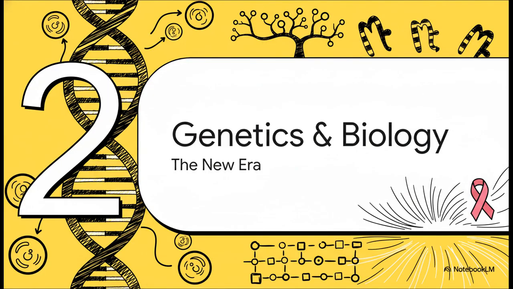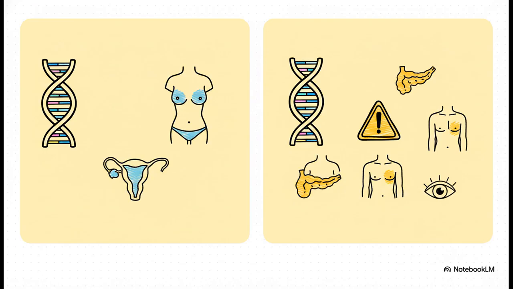Moving right along to Section 2, Genetics and Prognostic Biology. Welcome to the new era. So you all already know BRCA mutations carry massive breast and ovarian cancer risks, right? That's day one stuff. But the nuanced, highly board-testable differences, those lie in what else these mutations trigger. BRCA2 actually has a slightly lower lifetime ovarian risk compared to BRCA1.